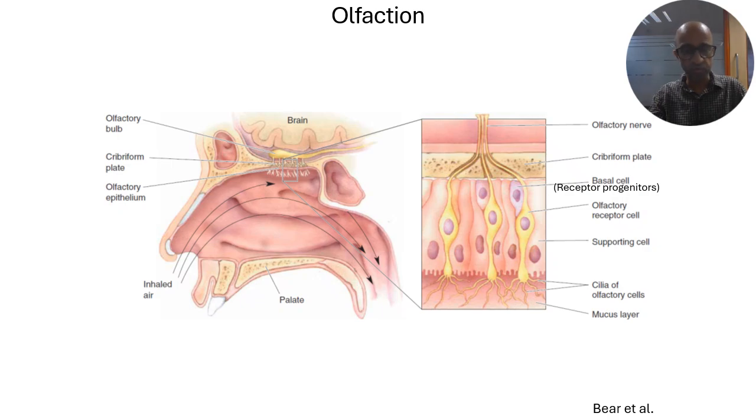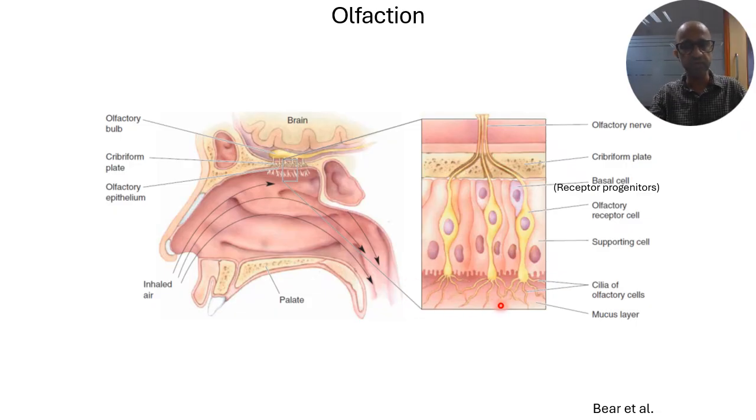So for solving these tasks, you need the olfactory system, right? So here are the olfactory receptor neurons that sit inside your nose, and these olfactory receptor neurons have the cilia floating into your nasal cavity mucus, right?